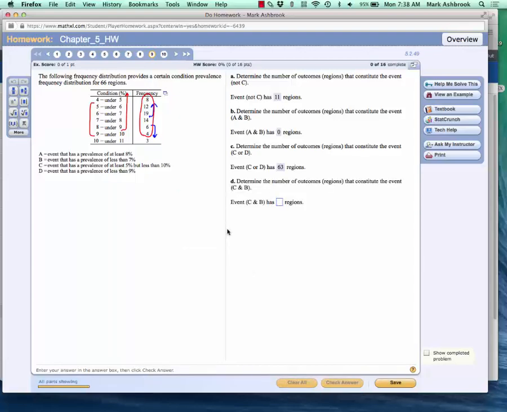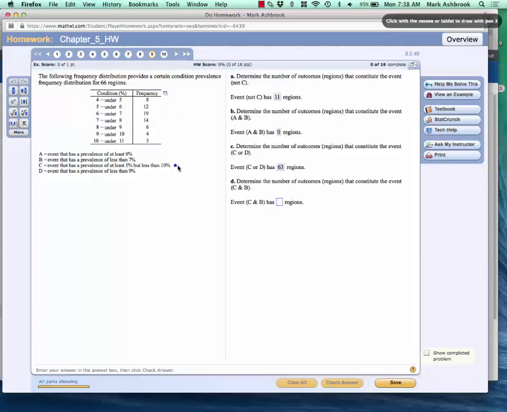Okay, and then finally, determine the number of regions that constitute C and B. All right, another and. It's got to be both. C and B means it satisfies C and also satisfies B. So what's C? At least 5%, that's C, and B says less than 7%.